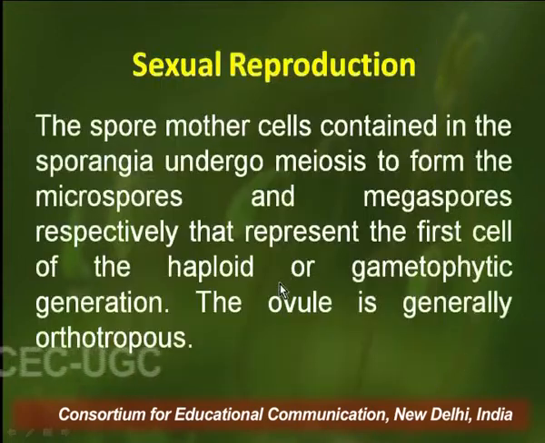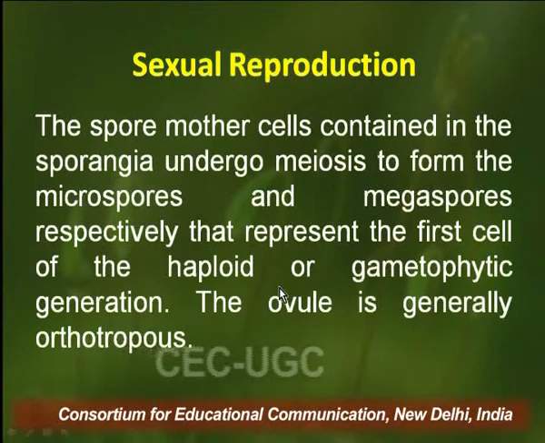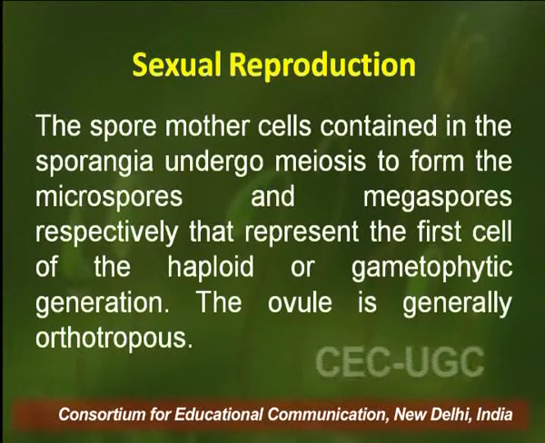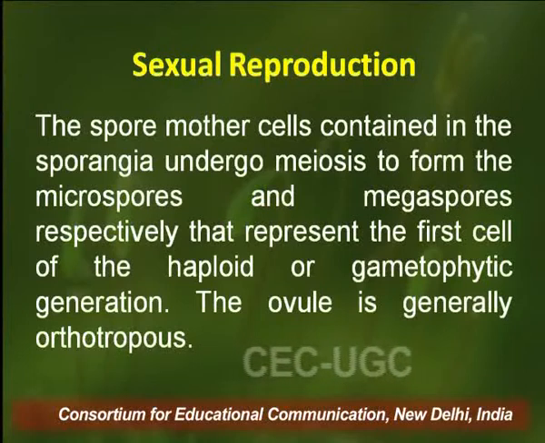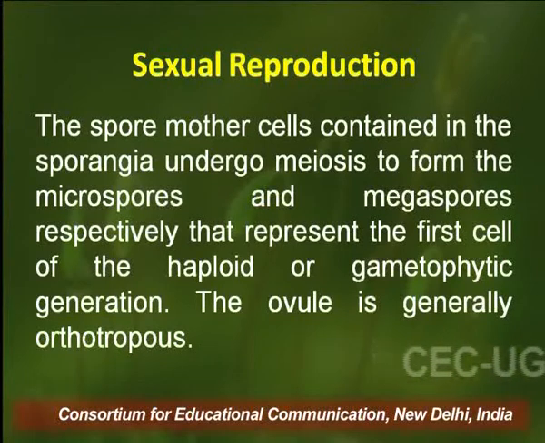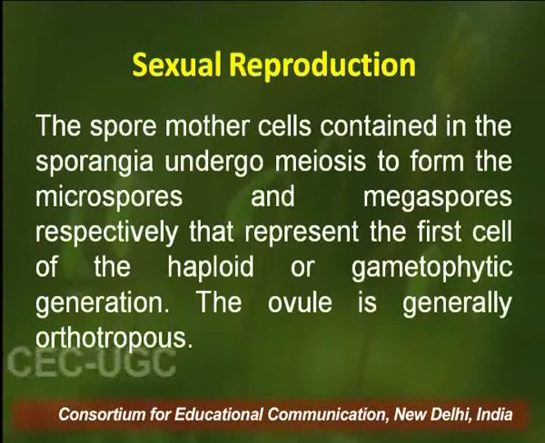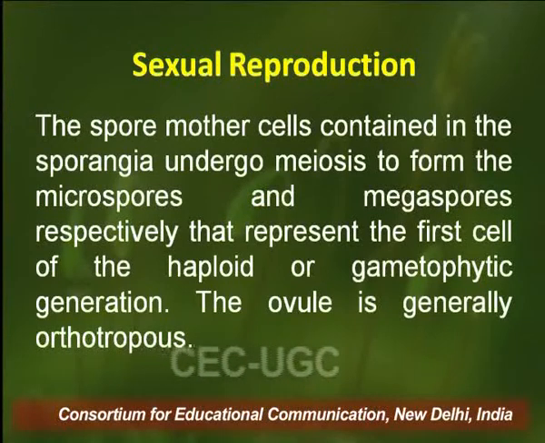In case of gymnosperms, the spore mother cells contained in the sporangia undergo meiosis to form microspores and megaspores respectively, and they represent the first cell of the haploid and gametophytic generation. The ovule is generally orthotropous.